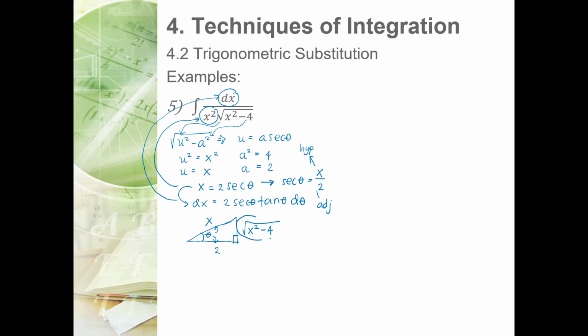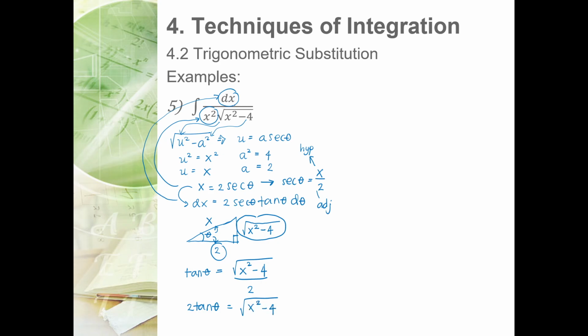So again, you have to pair this up with the constant. Looking at the pair up, we can use the basic trig function of tangent. So that's square root of x squared minus 4 all over 2. Isolating your square root function, you have 2 tangent theta is equivalent to square root of x squared minus 4.